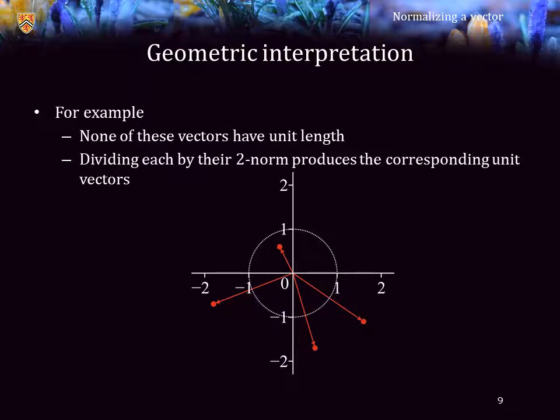Geometrically speaking, here we see 4 two-dimensional vectors. If I was to divide each of these by its 2 norm, we would get the corresponding unit vectors, which, as you can see, point in the same direction as the original vectors.